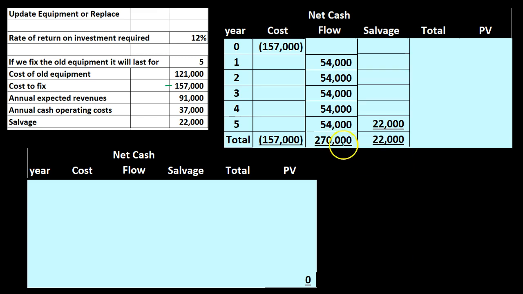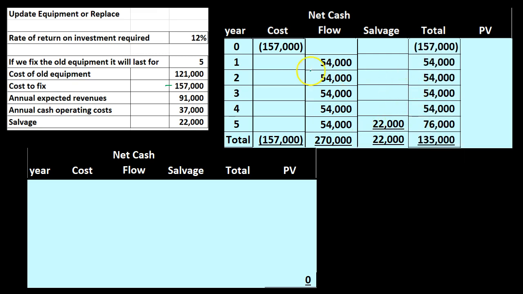And then we have the salvage value only happening in the last year, $22,000. If we sum this across, then the last year is the $54,000 and the $22,000, which is $76,000. Then we can present value each of these years.